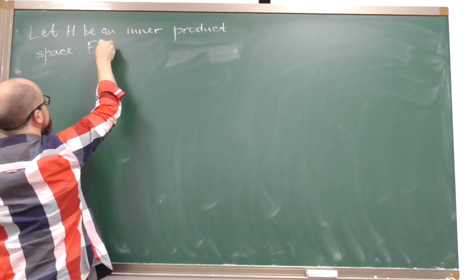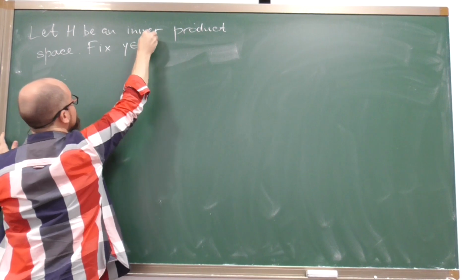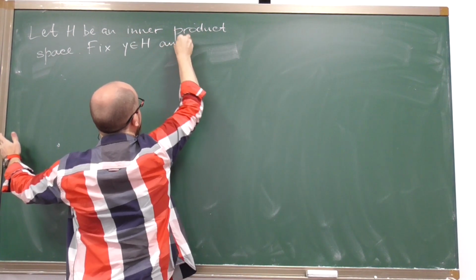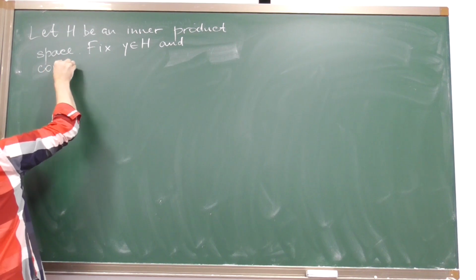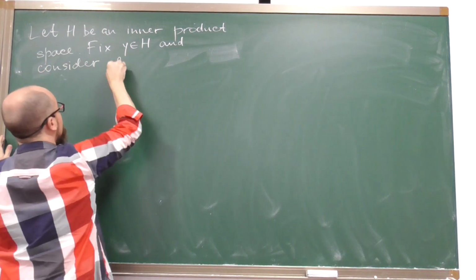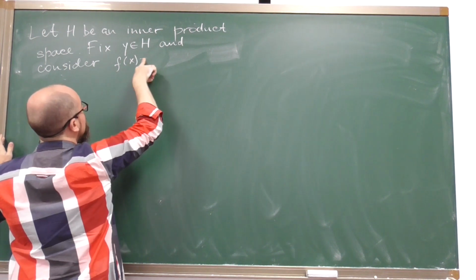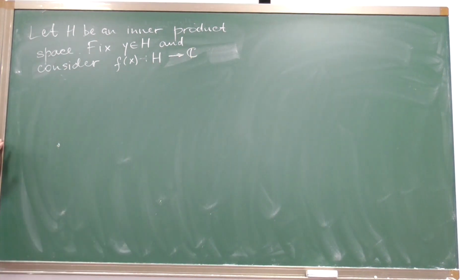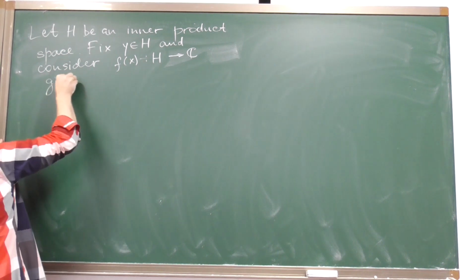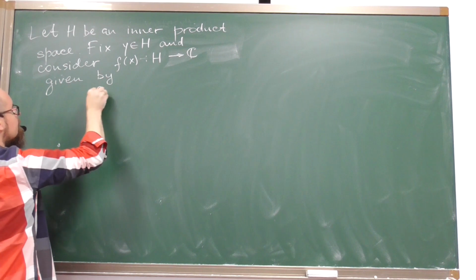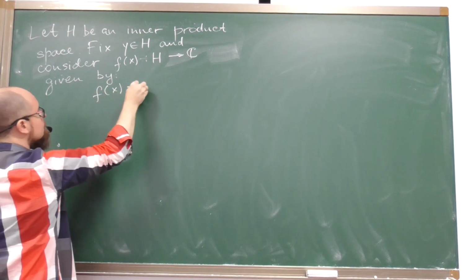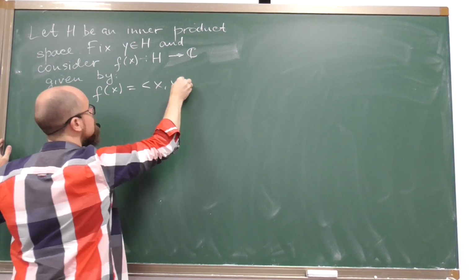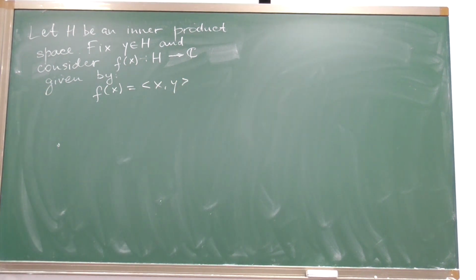Let us fix an element y from H and consider f of x on a Hilbert space to, well, let's go for complex numbers, given by f of x equals the inner product of x and y. But y is fixed. Well, from the properties of the inner product, this functional is linear.